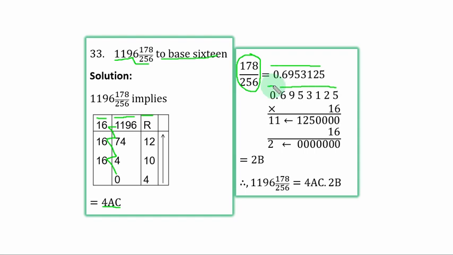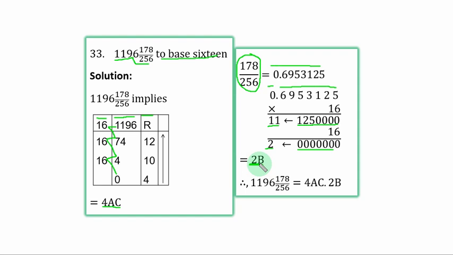If you multiply that part by 16, you have this result. The remainder is 11, which you keep here. You multiply the second result by 16, you have 0 all through, and the remainder is 2. You keep the 2 there, then everything is 0 now. You stop multiplication. 2, 11 implies 2B.